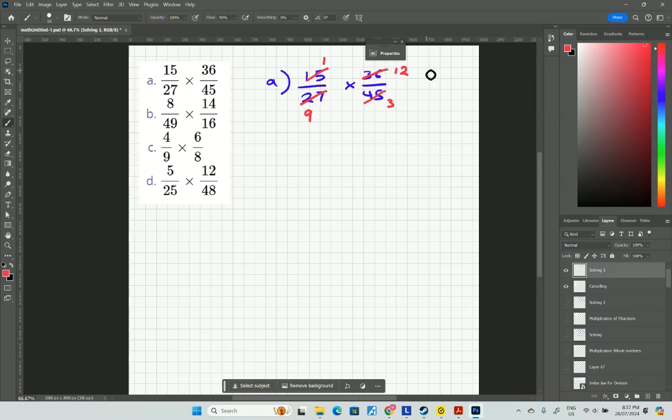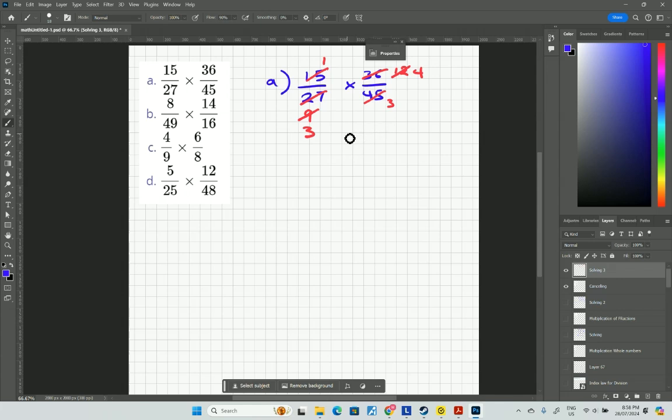We've got 9, and we've divided both sides by 3. So 27 divided by 3 is 9, and 36 divided by 3 is just going to be 12. But we can see that they're both still multiples of 3, right? So let's take 3 again. That means that the highest common factor between them was actually 9.